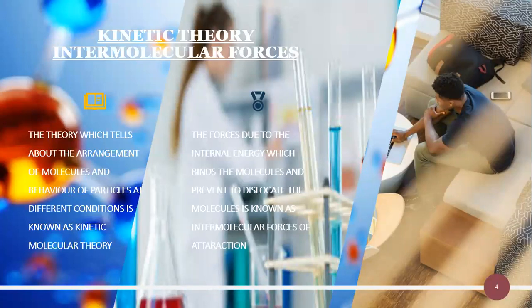If we take an example of water, whenever the water starts to heat, its molecules gain energy and their internal energy increases. Whenever the internal energy increases, the collisions between the molecules increase and their velocity increases. On the increase of the velocity, the kinetic energy is increased. This is all about the kinetic theory.